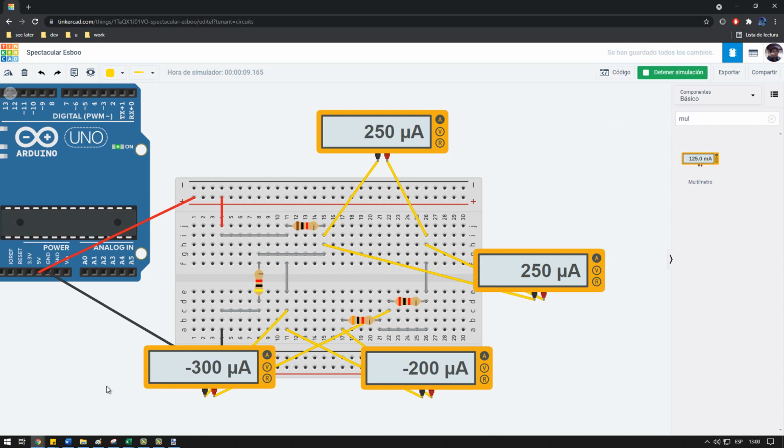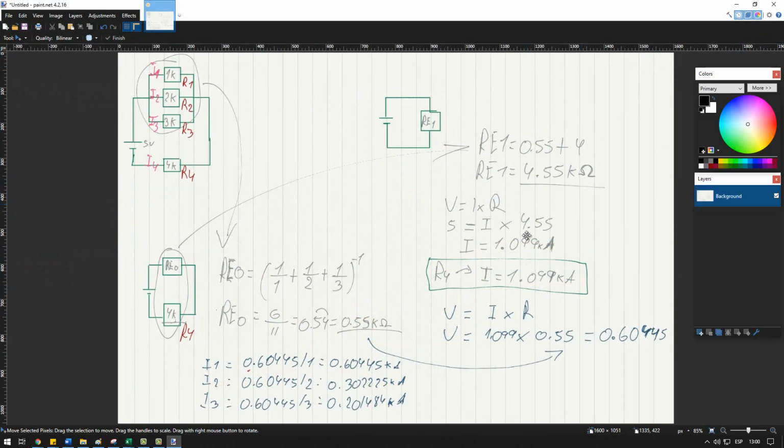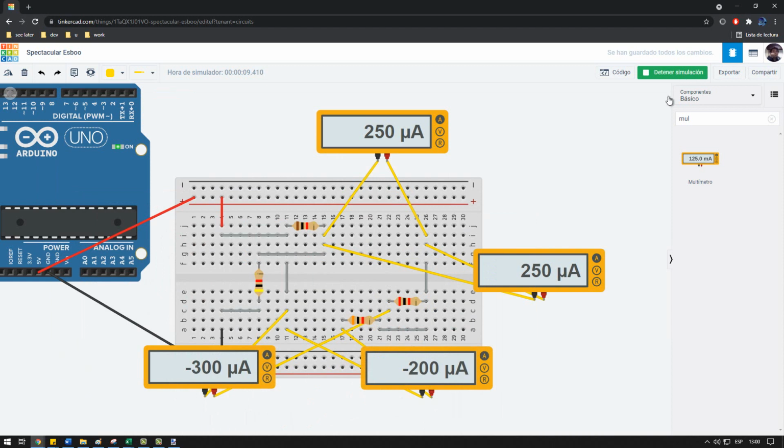We don't have the same values as we calculated, so something is wrong in our circuit. First of all, as you can see, we have minus 300 and minus 200, and this is incorrect. We need positive. The current is in the opposite way.